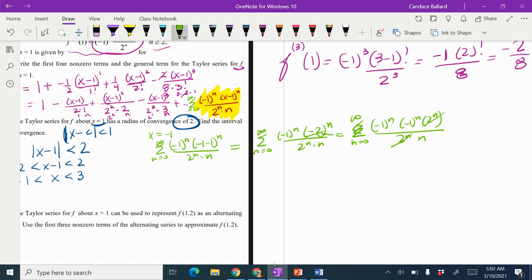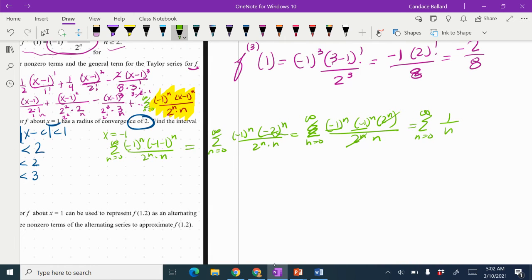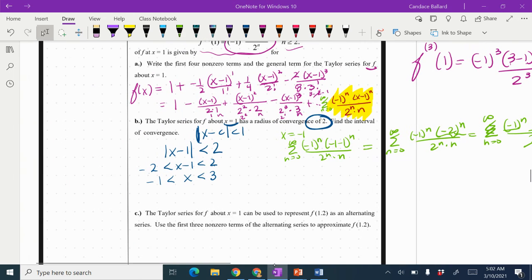These would cancel. A negative times a negative would be positive, so -1 to the 2n is just going to be 1. What I really have is 1 over n, which we recognize as a divergent harmonic series. So this one is divergent, and on my inequality, it stays open.